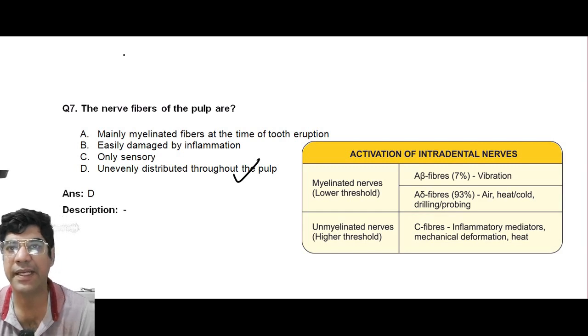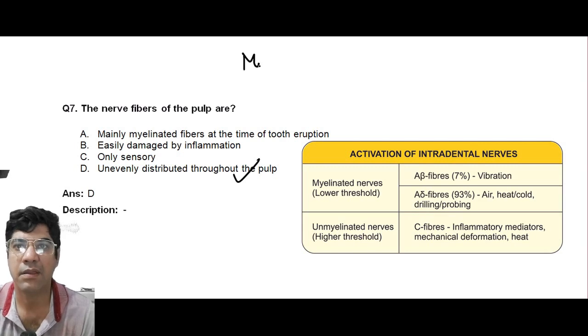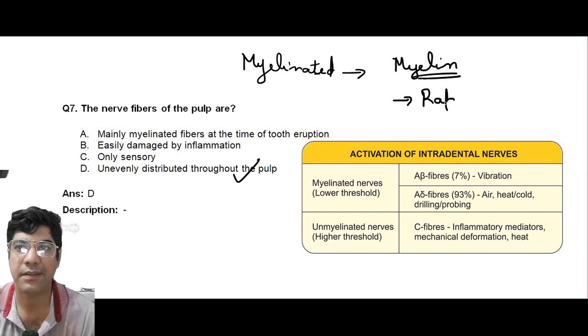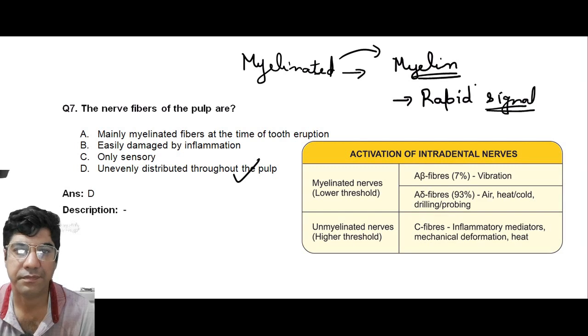So the pulp contains both myelinated fibers and unmyelinated fibers. The myelinated fibers have a protective myelin sheath around them, and they tend to transmit signals more rapidly. Whereas the unmyelinated fibers lack this myelin sheath and transmit signals more slowly.